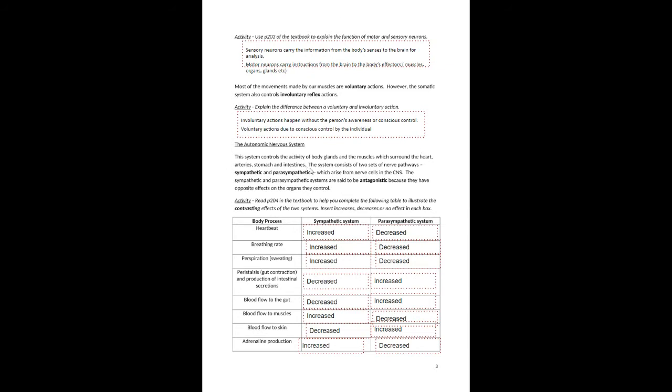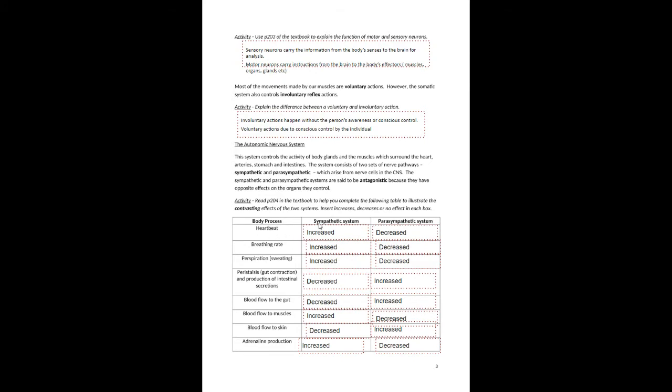So we've separated the autonomic, which are the involuntary actions, down into the sympathetic and parasympathetic. These are antagonistic at all times. Both the sympathetic and parasympathetic nerves are working on your heart. Sympathetic is trying to increase your heart rate, parasympathetic is trying to decrease it.